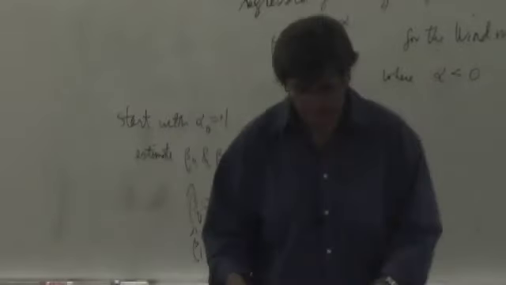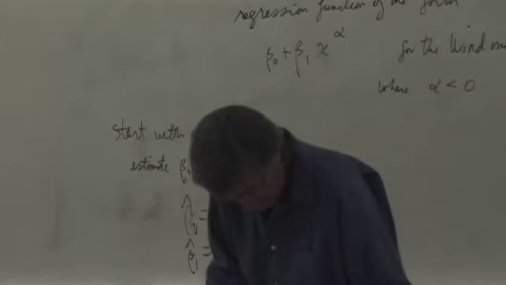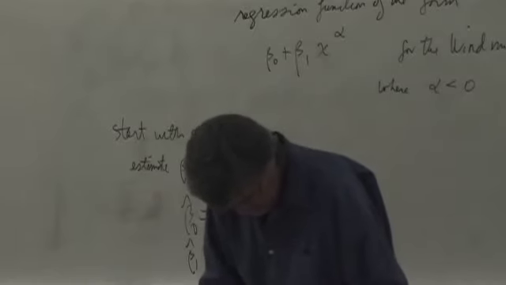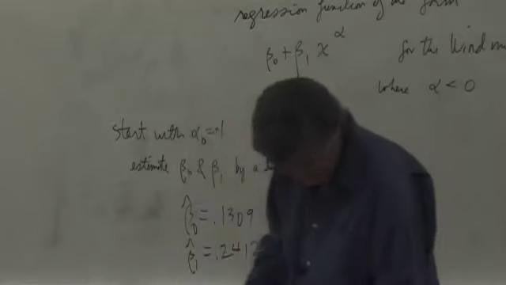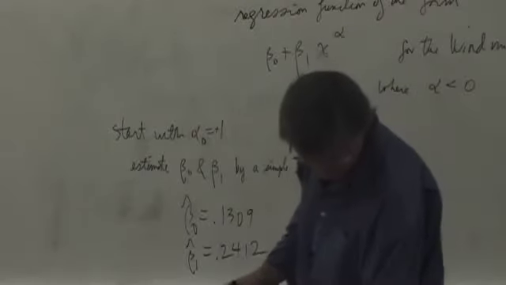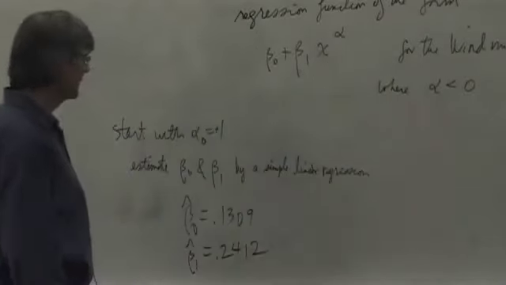That should jibe with what was in the text. I'm not sure if they reported those or not. Yes, that was on page 182. I think he truncated the digits on page 182, but that was the simple linear regression fit. That's the first step.